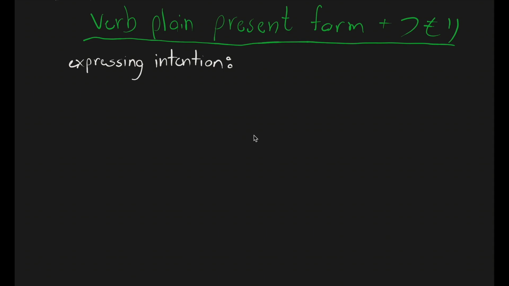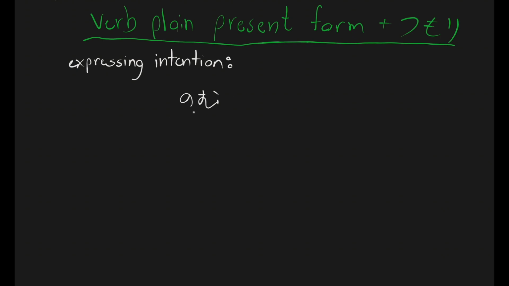Let's actually do some examples. Well, first, knowing what verb plain present form is, let's do this. Nomu, to drink, that would be the plain present form. So if you want to add tsumori to it, you go nomu tsumori.